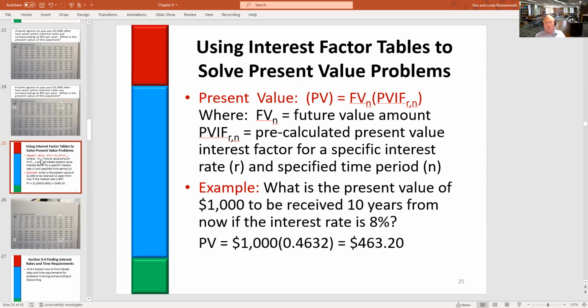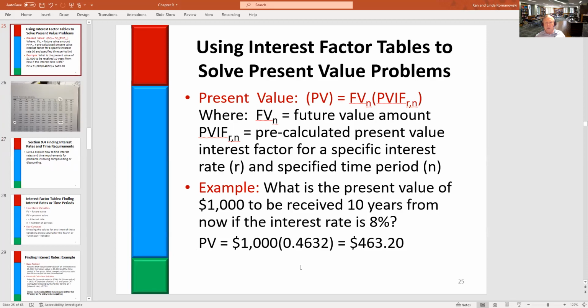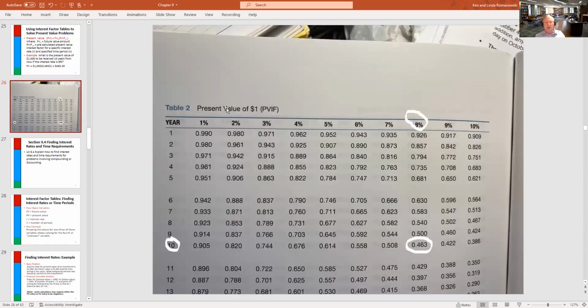Now, the factor for this is 0.4632. Your answer is $463.20. Well, again, where did we get that? If we go to the factor in the back of the book for present value of $1, you'll recall that we're still using the same interest rate of 8%, but now instead of 2 years, we're using 10 for the period of years.